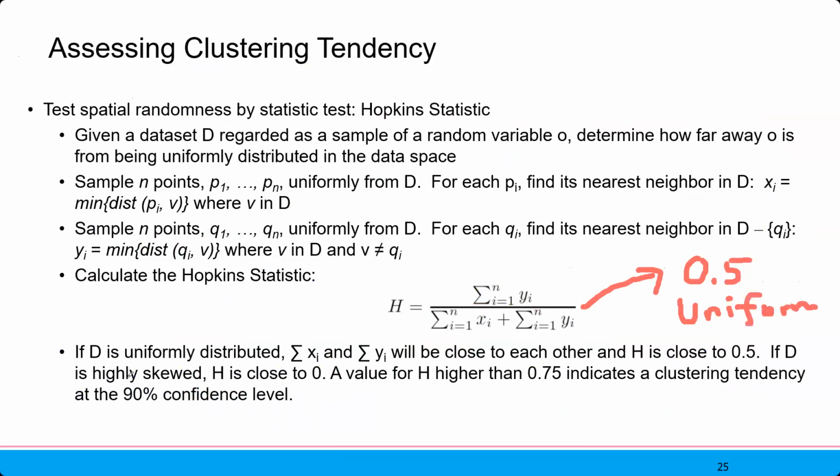If D is highly skewed, H is close to 0. If H is higher than 0.75, it indicates a clustering tendency at the 90% confidence level. So yeah, we need to find this kind of Hopkins statistic information.